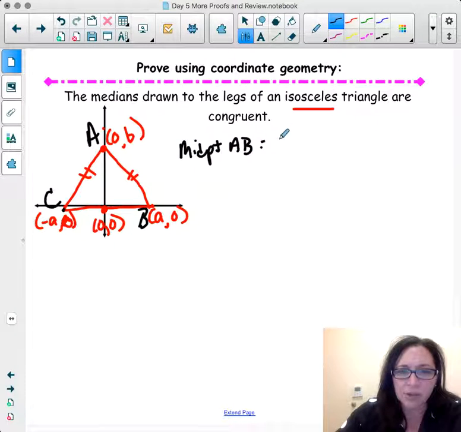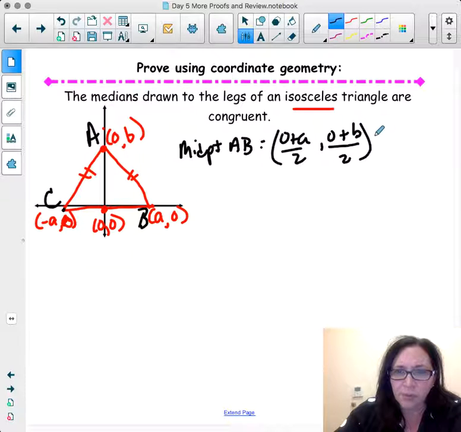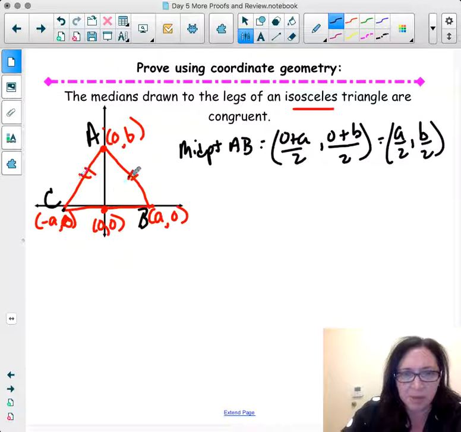That's going to be (0 plus A) divided by 2, comma, (0 plus B) divided by 2. And so that's actually going to be A over 2, comma, B over 2. So that's my midpoint. That point right there is (A over 2, B over 2).